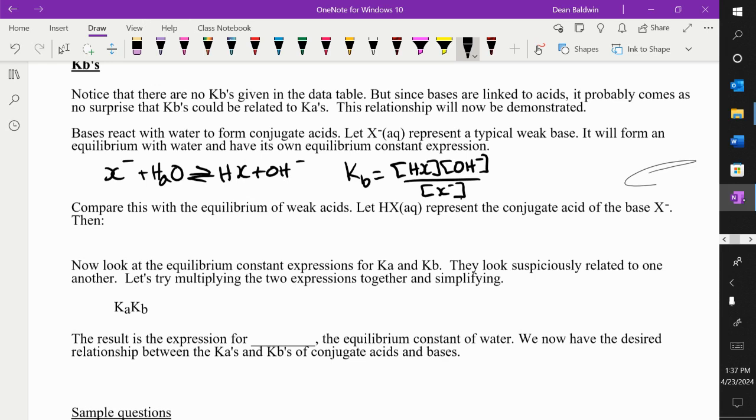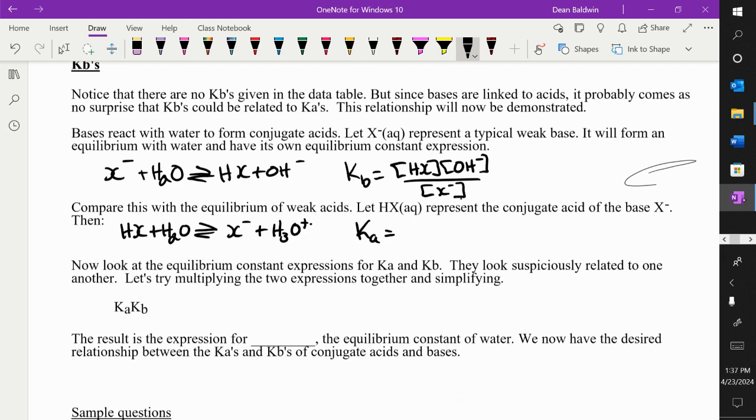If we take the HX and write its Ka expression in water, okay, well, that's an acid reaction.